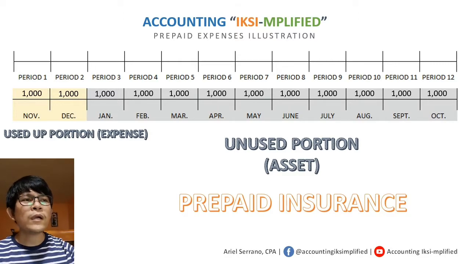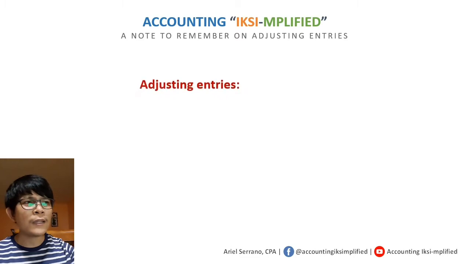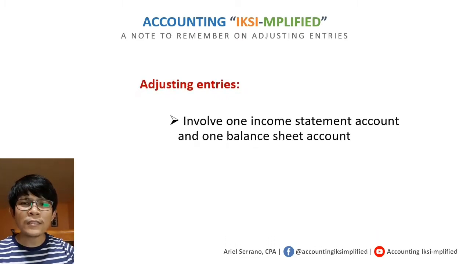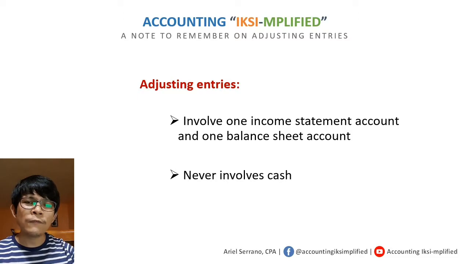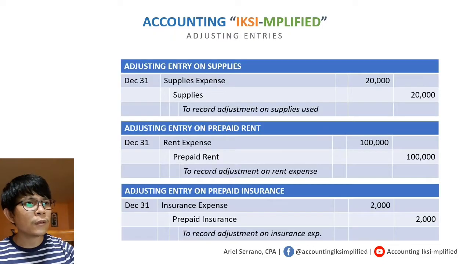Remember, as in the note I made last time, the adjusting entries involve 1 balance sheet account and 1 income statement account. They do not involve cash. So as you can see in my entries, I combined these three. December 31 is the transaction date for the adjusting entry, since it's the end of the year.